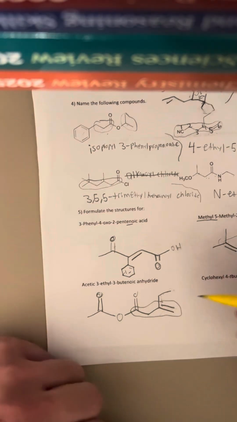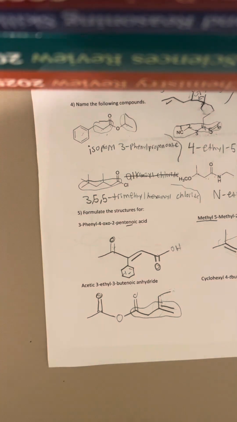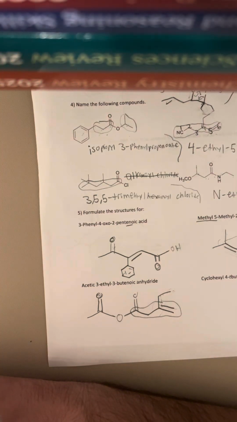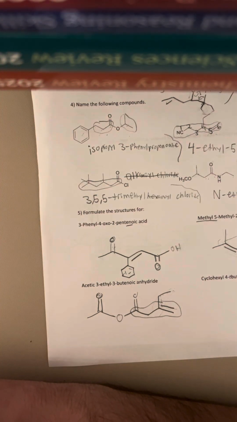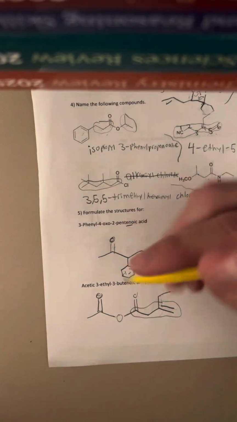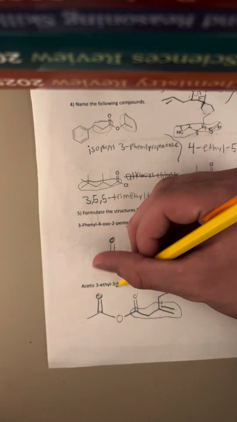3-ethyl-3-butenoic anhydride. And as far as anhydrides go, you basically have alkanoic anhydride. As far as what comes first, it's all alphabetical. So acetic comes first in the alphabet. The next thing is the first substituent that shows up alphabetically in your second parent carboxylate group. So in this case, it's not the butenoic, it's not the B you're looking at.